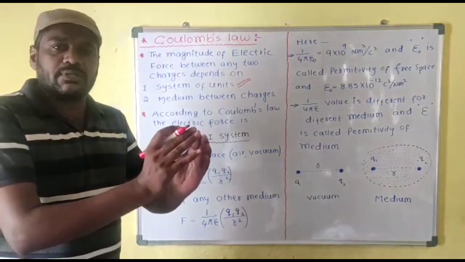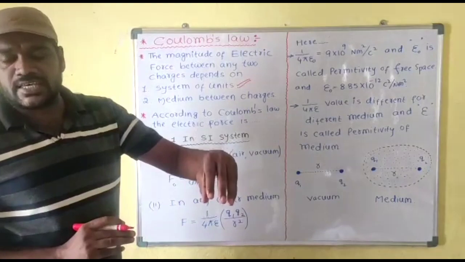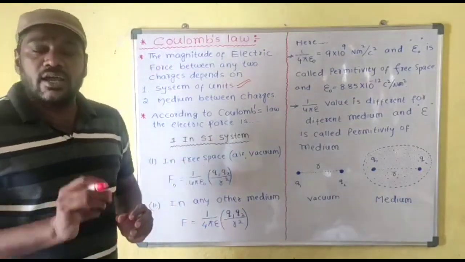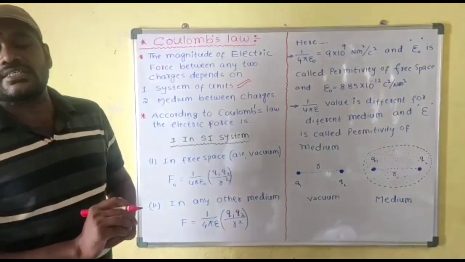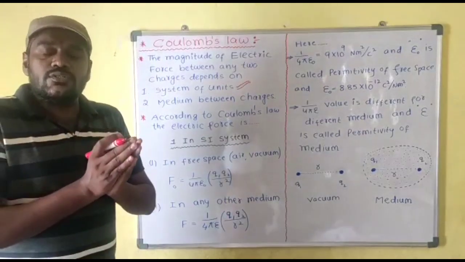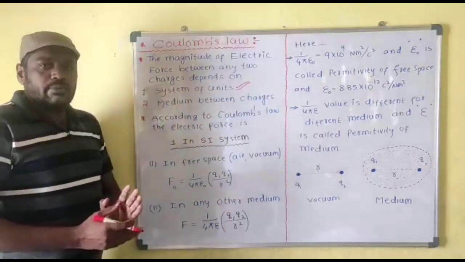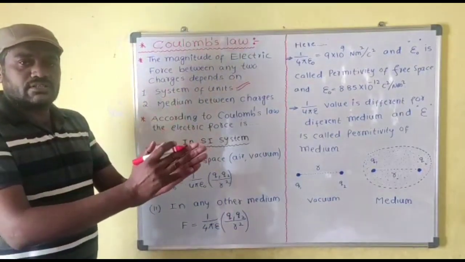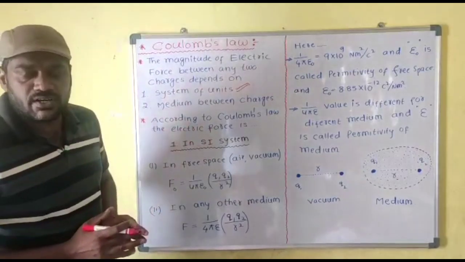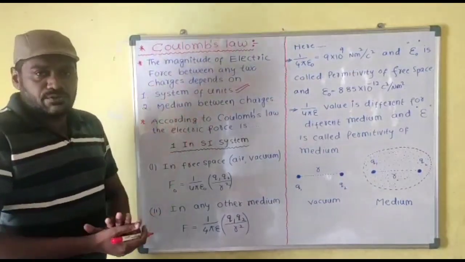Charge, force and distance are all expressed in SI or CGS units. So the magnitude of the force depends upon the first factor, the system of units. If you use SI unit the magnitude of the force is different, and if you use CGS unit it is also different.